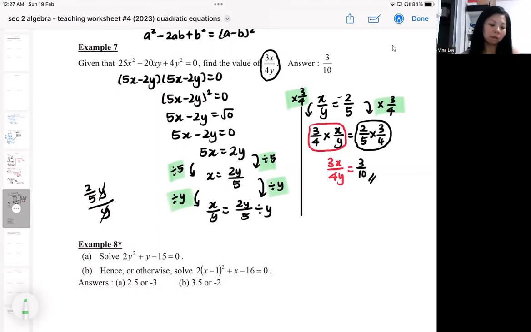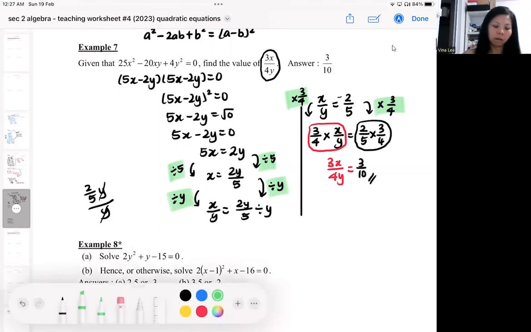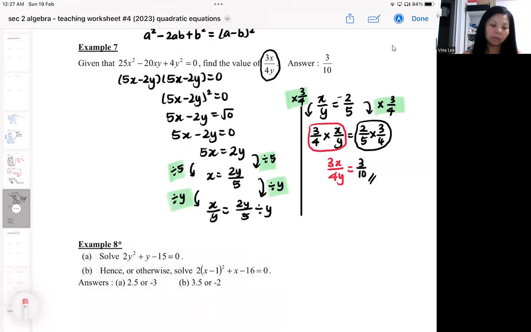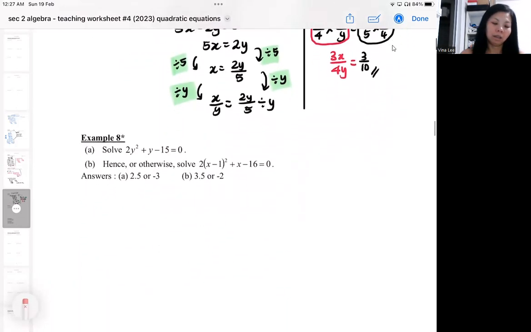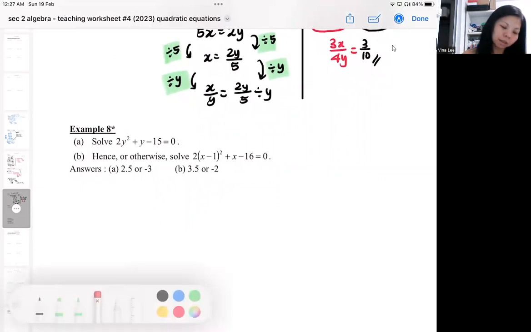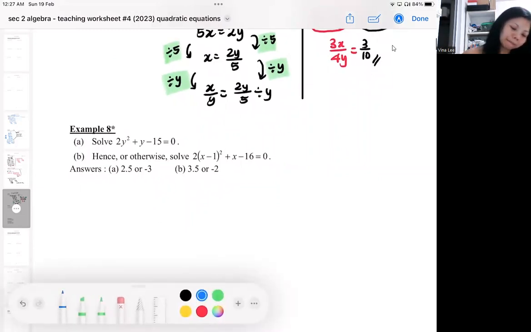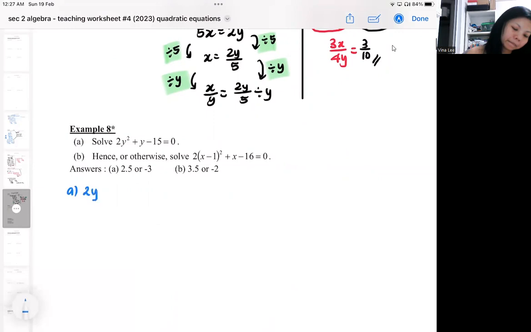Okay, the next one is something a lot of students couldn't get, so I suggest you try your best. The first part is actually quite easy. It should be easy by now, so you just go for your factorization.